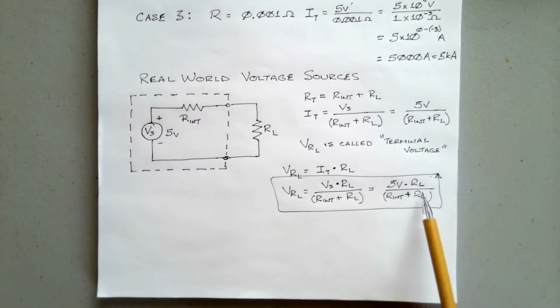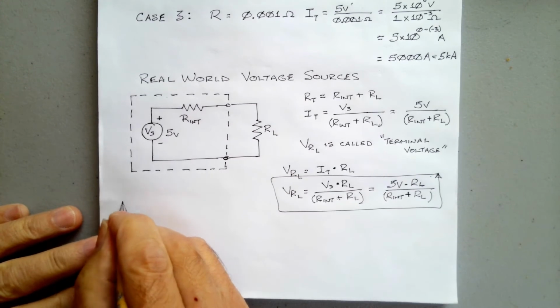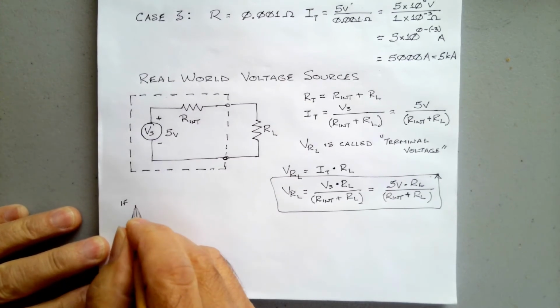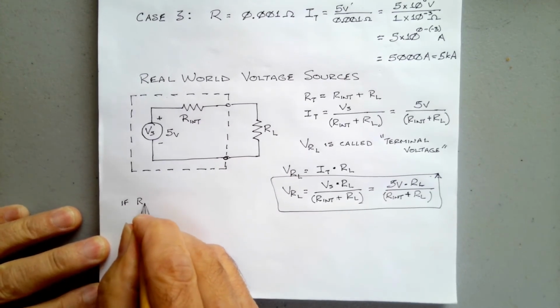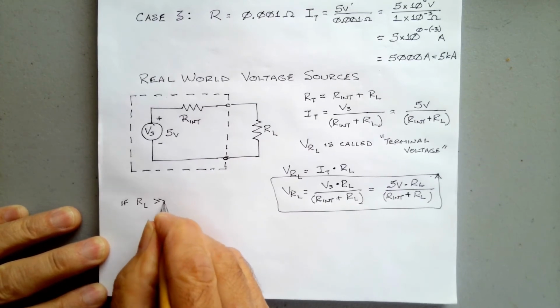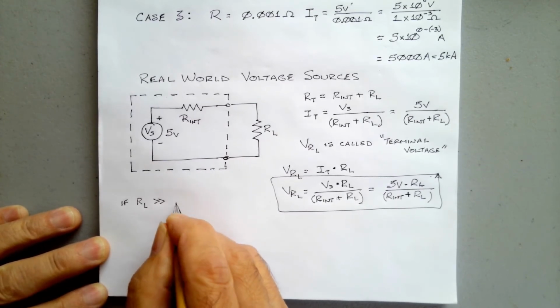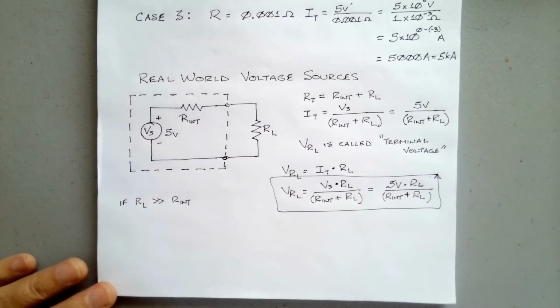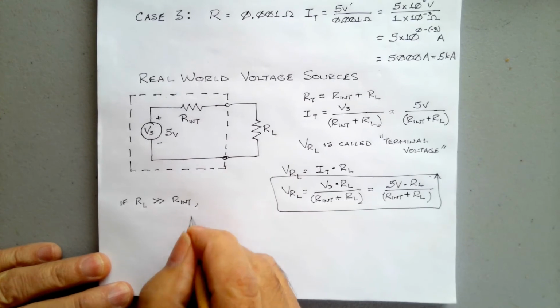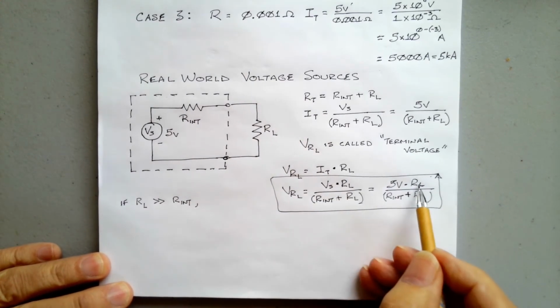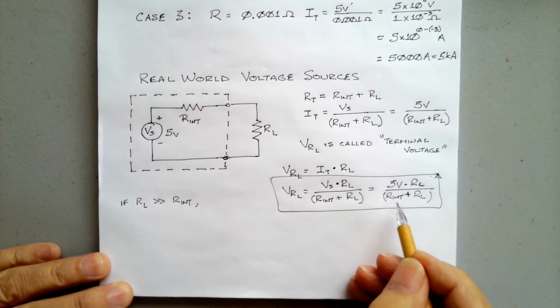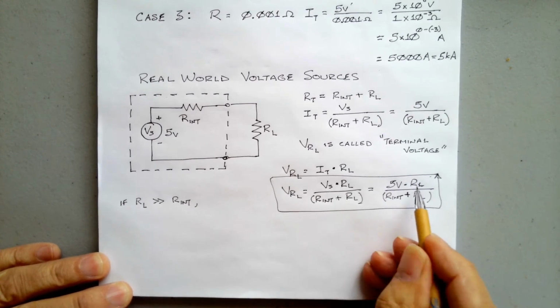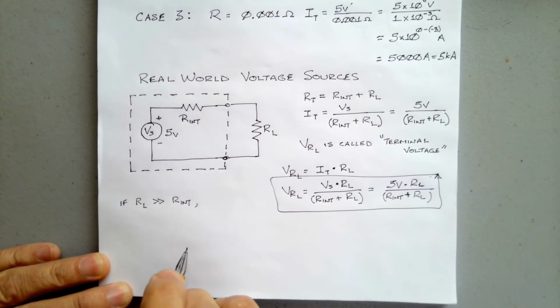So if RL is a huge number, so if RL is much, much greater than R int, then this number RL over R int plus RL, the R int won't matter, and this number will be close to 1.